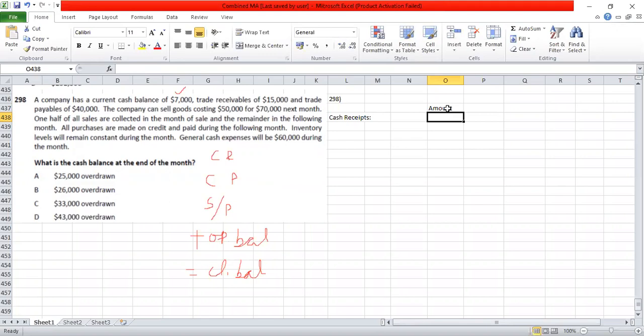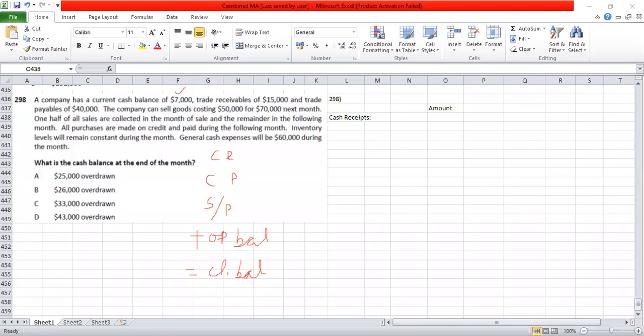So the sale is worth 70,000. Half of the sale is 35,000. So 35,000 will be collected in the same month. What about the remaining 35,000? It will be received, it will be collected in the next month.